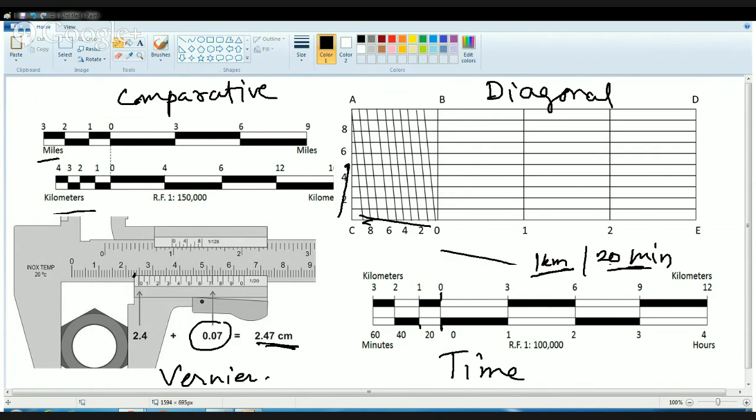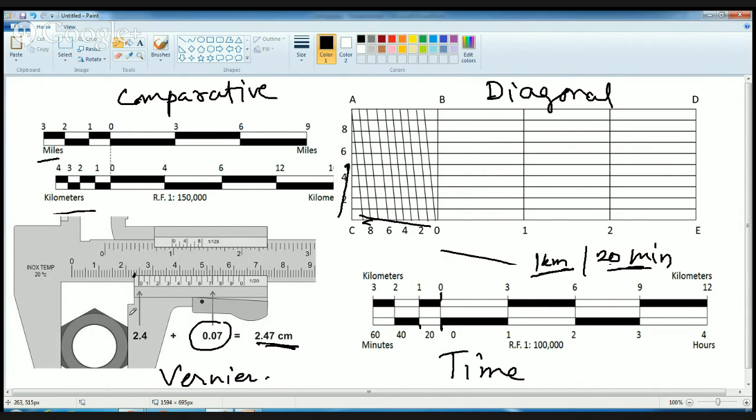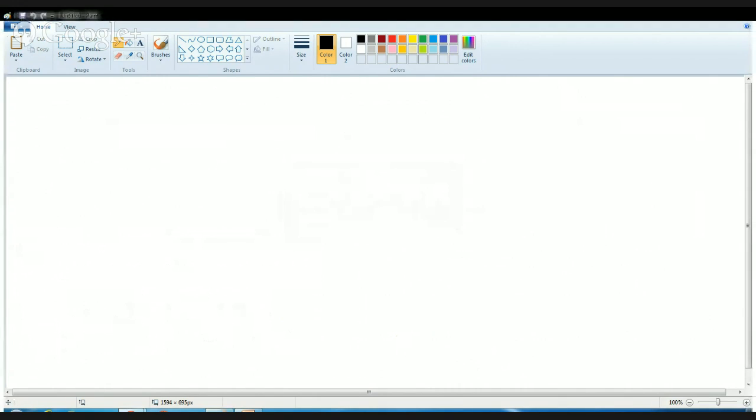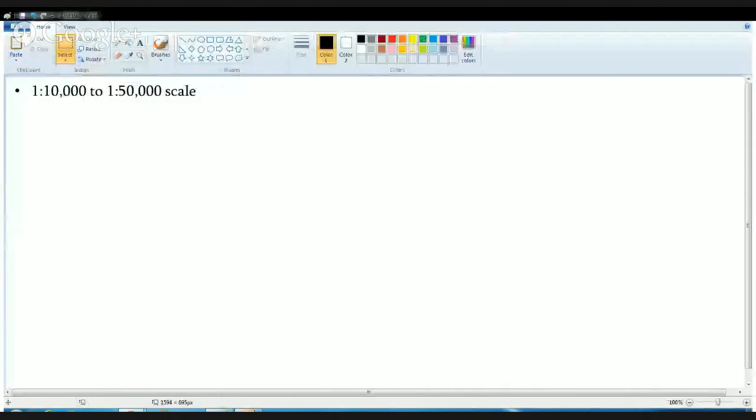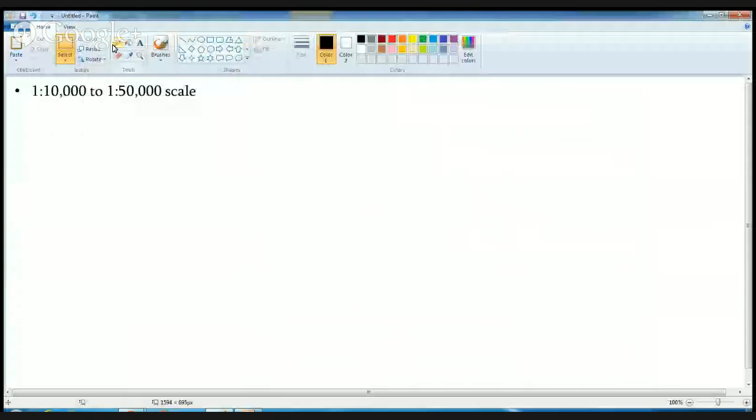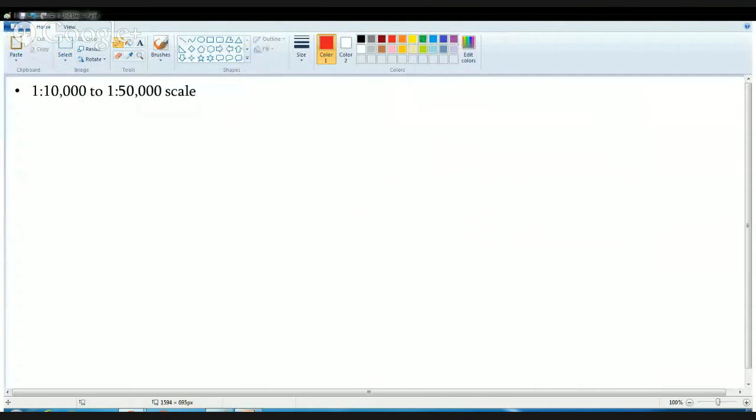And these match. Now how do we calculate reduction or enlargement of the map? If I am reducing the scale from 10,000 to 50,000, what would happen? What would be the new size? It's simple to calculate. It would be original upon the new.